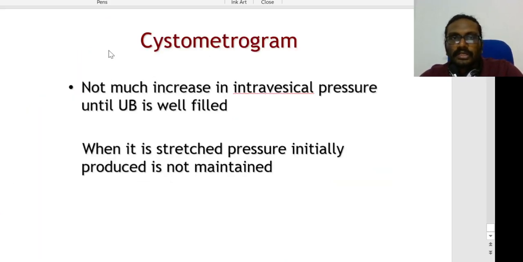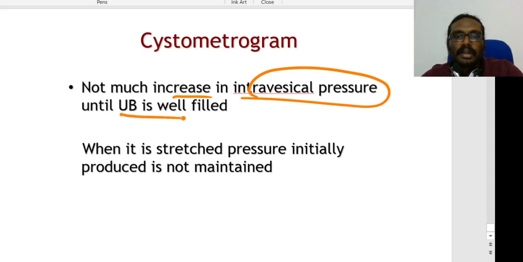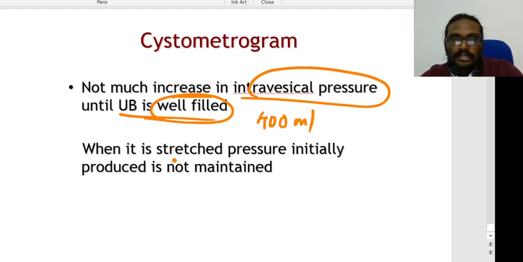There is not much increase in intravesicular pressure until the bladder is well filled. When it is stretched, the pressure is not going up.